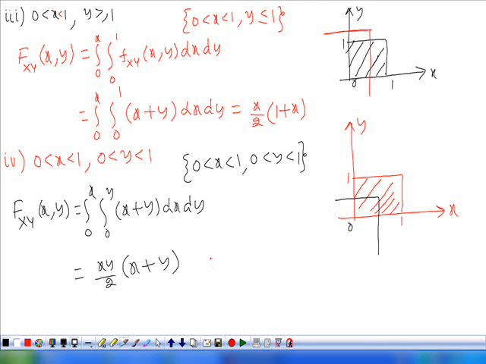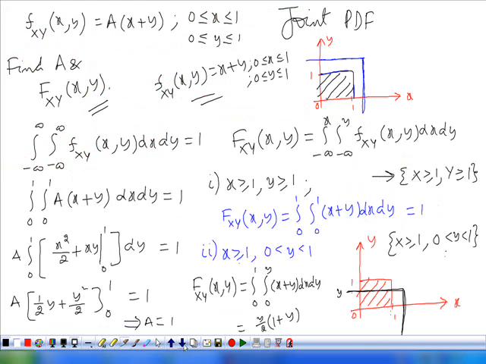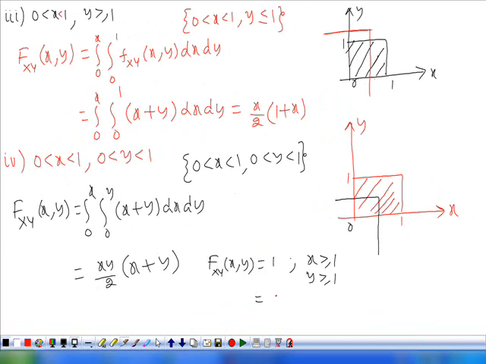So therefore we can summarize and you can write this f_XY(x, y) is equivalent to 1 for x greater than or equivalent to 1 and y greater than or equivalent to 1, and this is equivalent to y by 2 into 1 plus 1 for x greater than or equivalent to 1, and this case is x by 2 into 1 plus x.